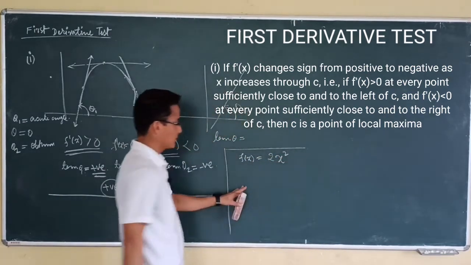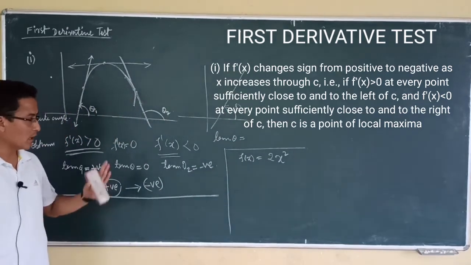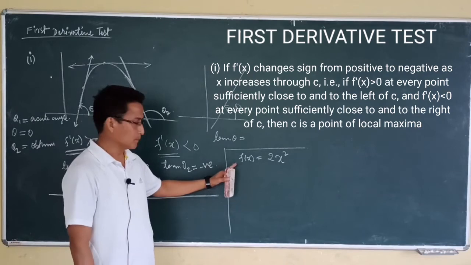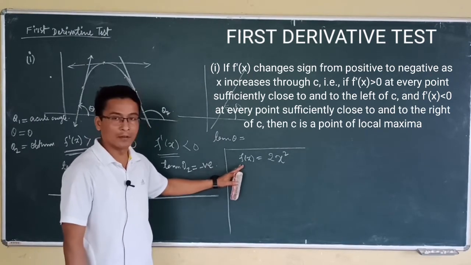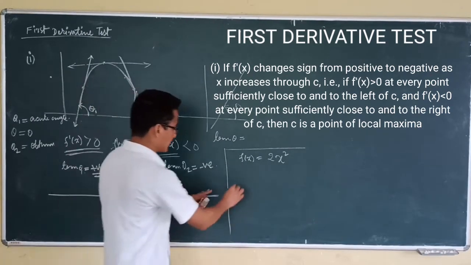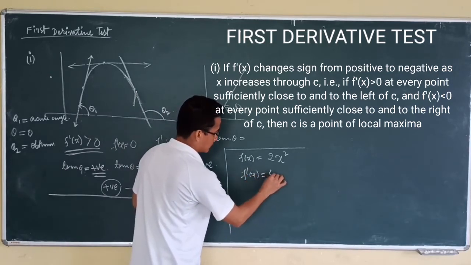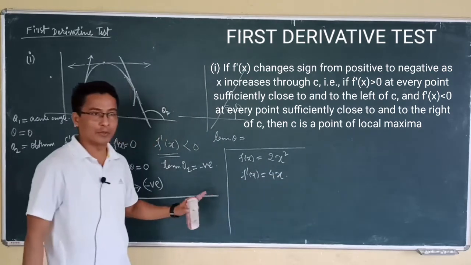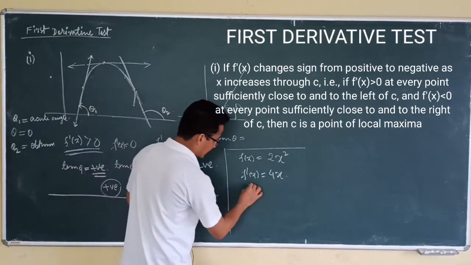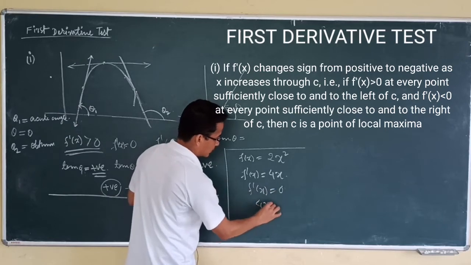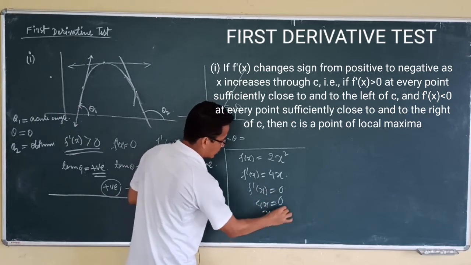How do we find the critical point of this function? Then we take f dash x, which is 4x. Now we take f dash x equal to 0. Now put 4x equal to 0. That means x equal to 0.